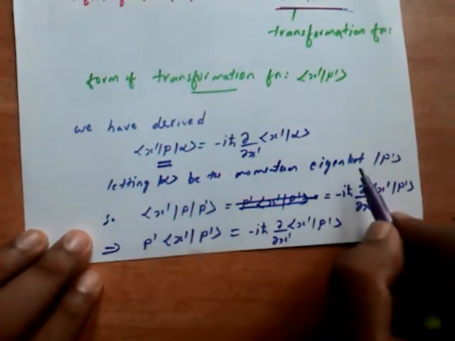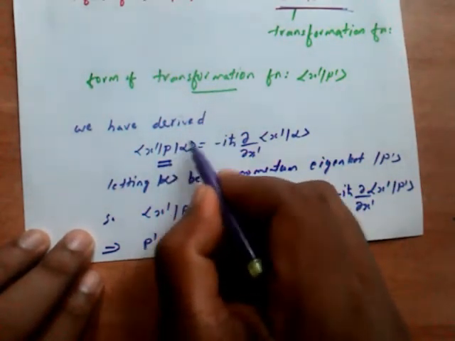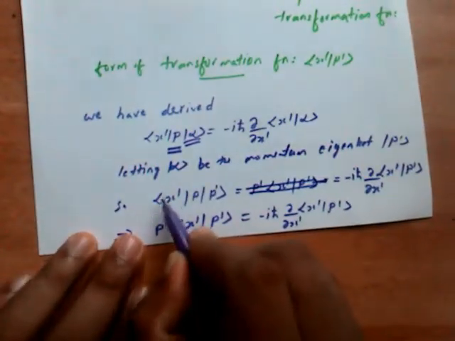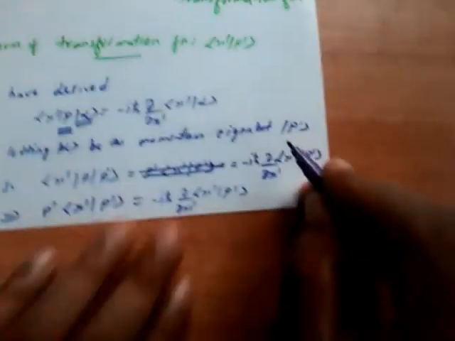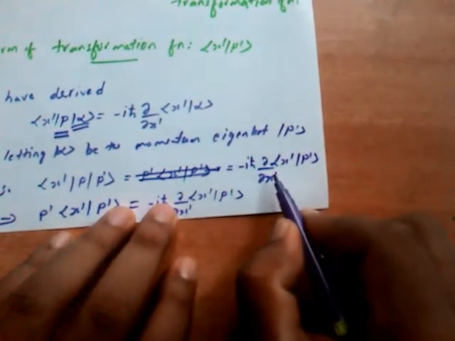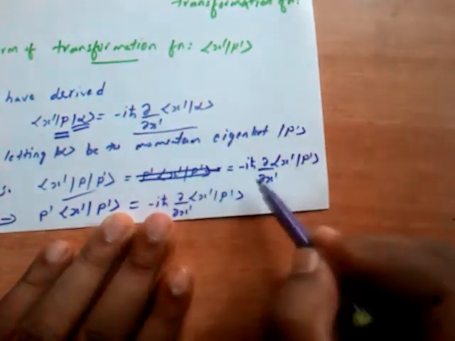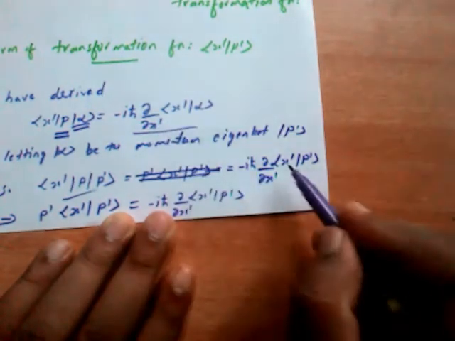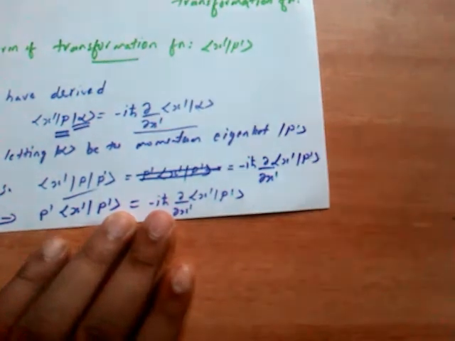Letting alpha be a momentum eigenket p dash, if we take momentum eigenket p dash in this position, we will get x dash p p dash equal to minus i h cross dou by dou x dash of x dash p dash.